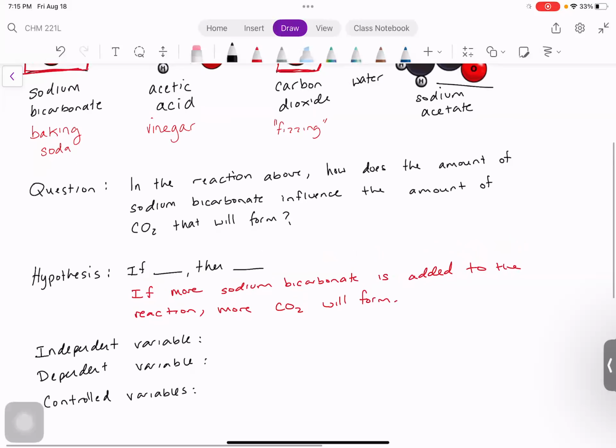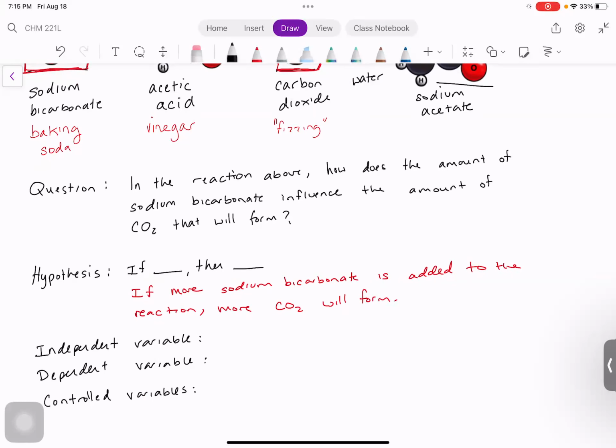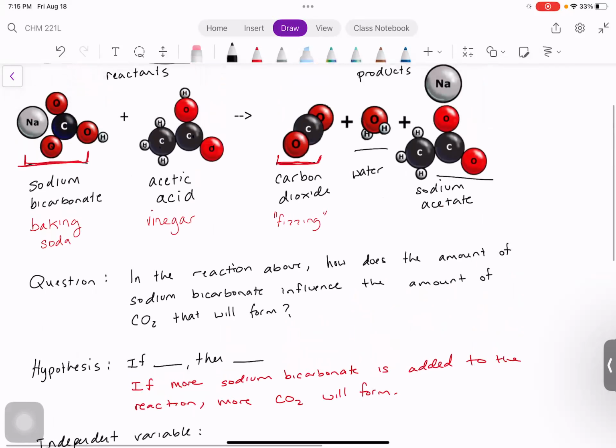So there's one key controlled variable that we need to make sure we have in this experiment. We're going to be changing the amount of sodium bicarbonate to see how much carbon dioxide forms. We need to make sure that we are using the exact same volume of acetic acid across all of the reactions, across all of our tests with different amounts of sodium bicarbonate, because otherwise we won't know if it's the sodium bicarbonate change that's changing the amount of CO2, or if the acetic acid is influencing this.